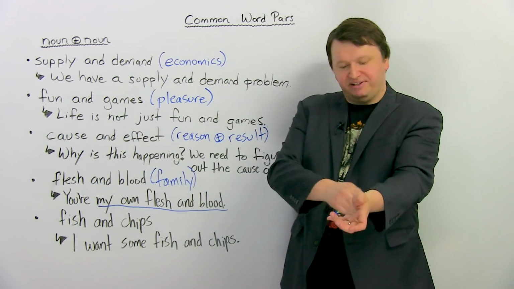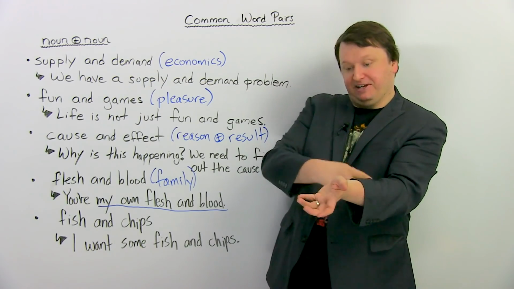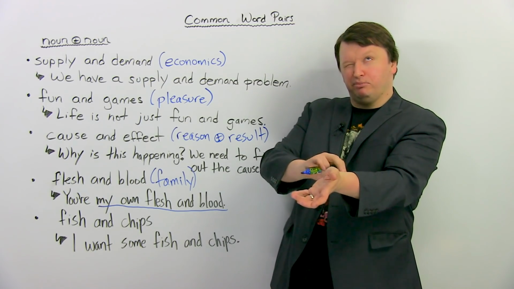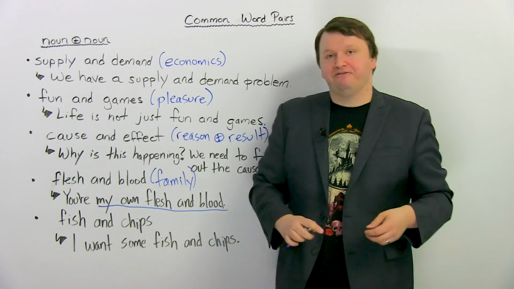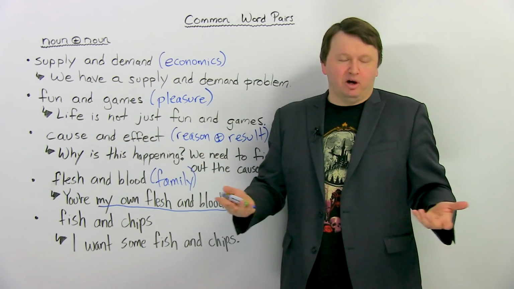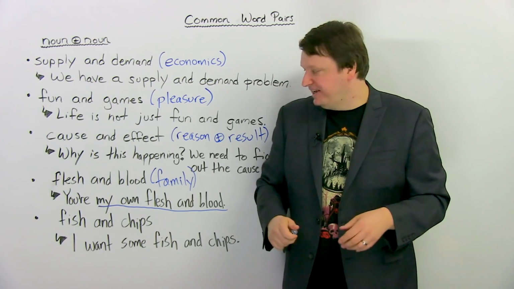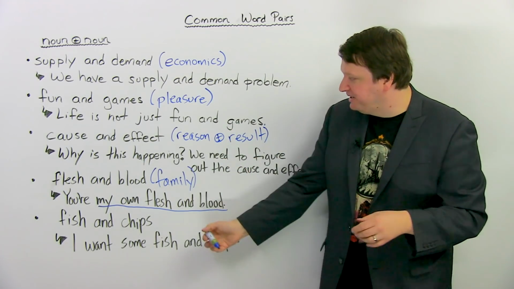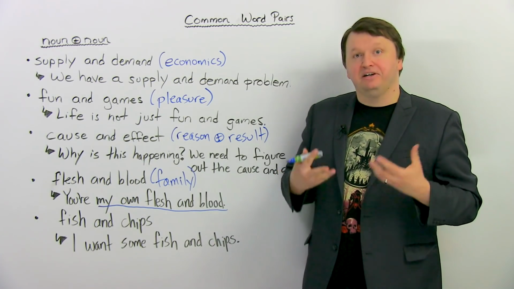Okay, so your flesh is like the meaty part of your skin, and your blood is inside, the red, actually blue, dark bluish thing that's inside your veins. So all human beings are flesh and blood, but sometimes we emphasize saying he's a real flesh and blood human being. It can mean family, or it can simply mean human.